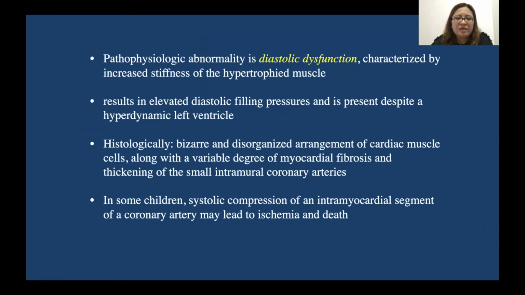If you take a look histologically, there is a bizarre and disorganized arrangement of the myocardial cells along with a variable degree of fibrosis and thickening of the small intramural coronary arteries. In some children, the systolic compression of an intramyocardial segment of a coronary artery can lead to ischemia and eventually death.